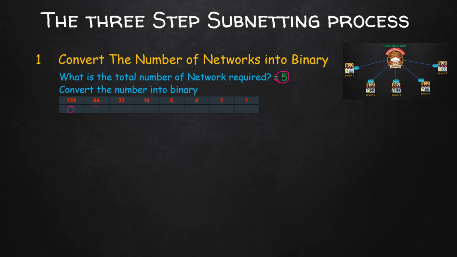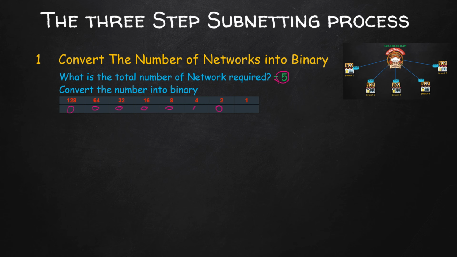The fourth one is 16. That is also 0. Then the number is 8. That is 0. Then the number is 4. Yes, we can take it, because to get the 5, we need the number 4. So I will make it 1. Then the next number is 2. When we add the number 2 along with the 4, we get the number 6. So that is not the number. We need only 5, so the 2 also should be 0.